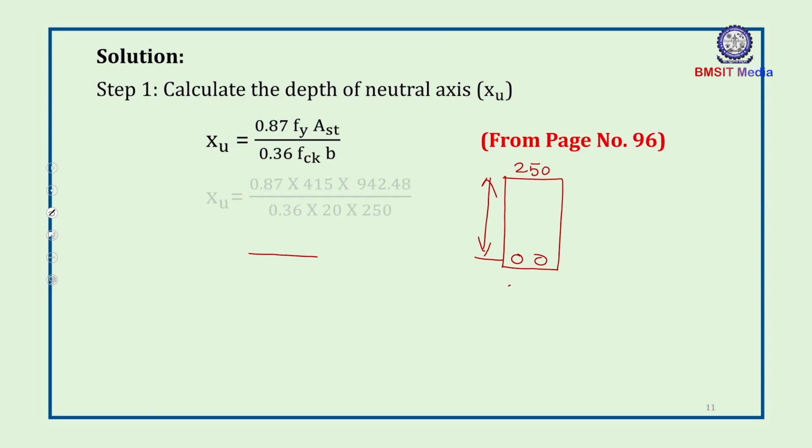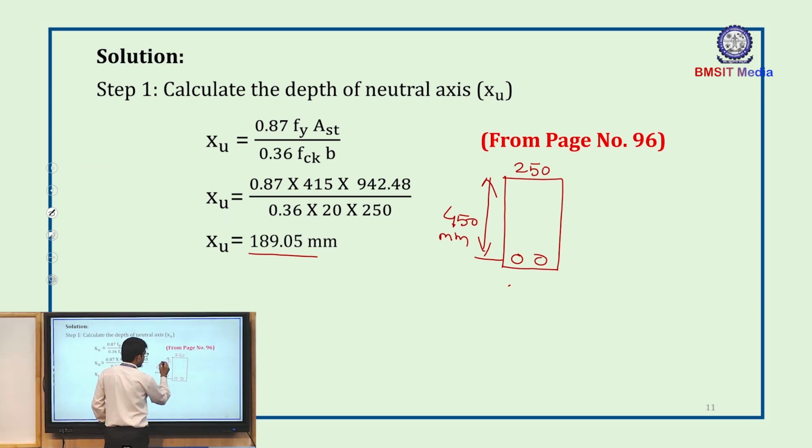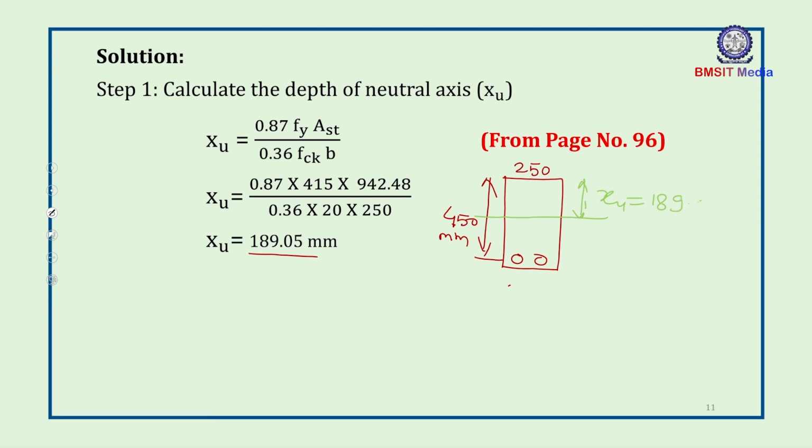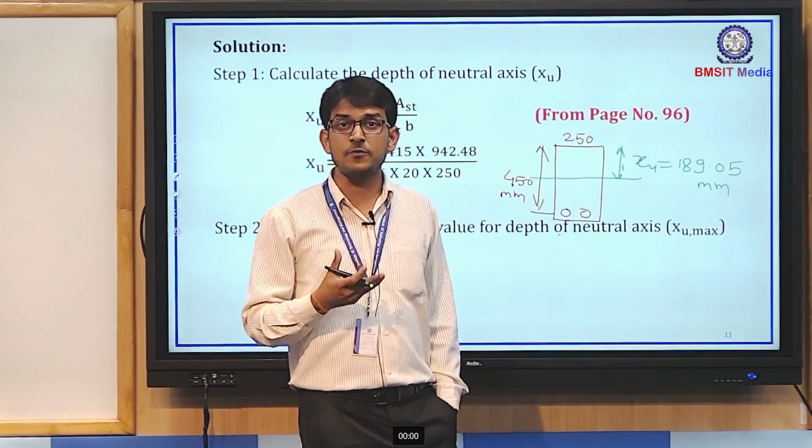So that is the 450 mm we have. So your neutral axis is 189.05 from the top. This is the xu you have, 189.05 mm. Now later they ask us to calculate what type of section we have.